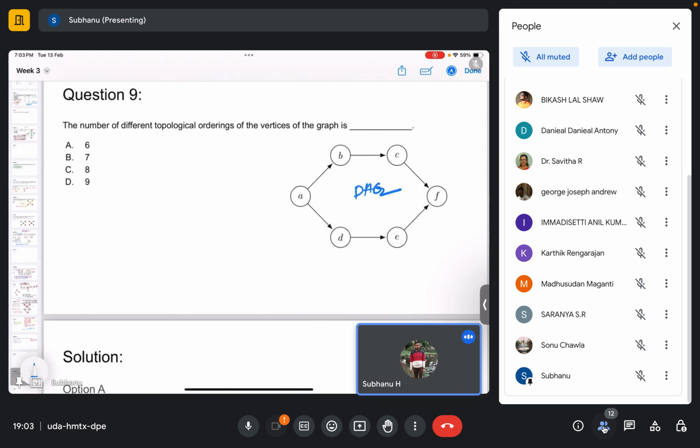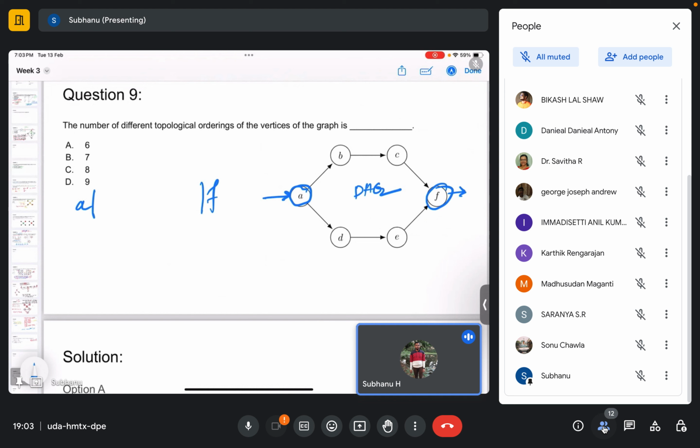You can see that you have to start from A and finish at F. So A is here and F is here. In between, how many options are there? That is what you have to find.